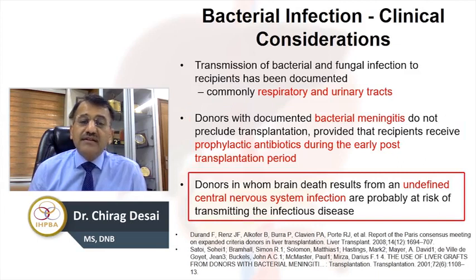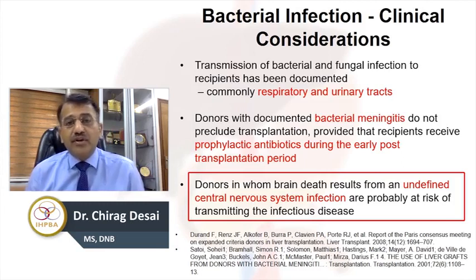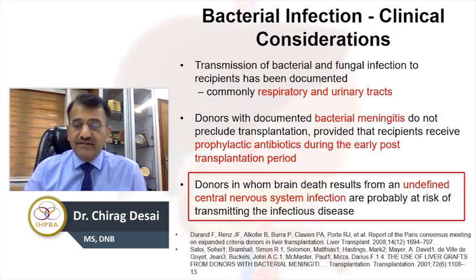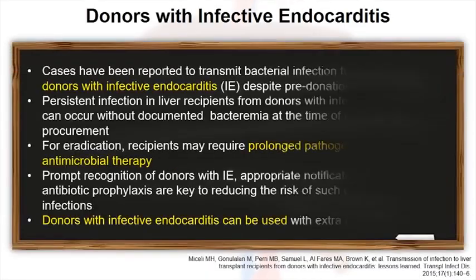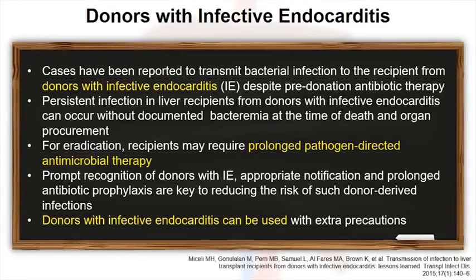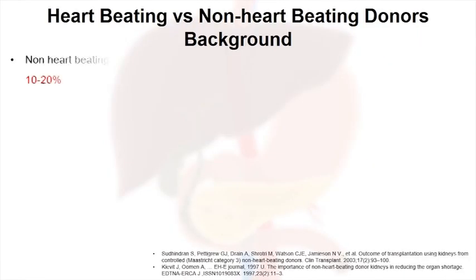Undefined CNS infections are probably at risk of transmitting infection, but again, culture and sensitivity and appropriate use of antibiotics will take care of this. The presence of infective endocarditis in the donor does not preclude the donation. However, prolonged pathogen-directed antimicrobial therapy is very necessary.